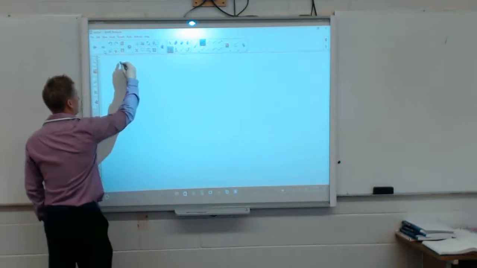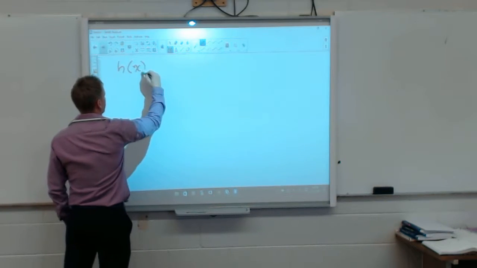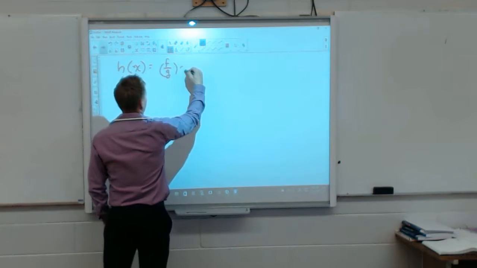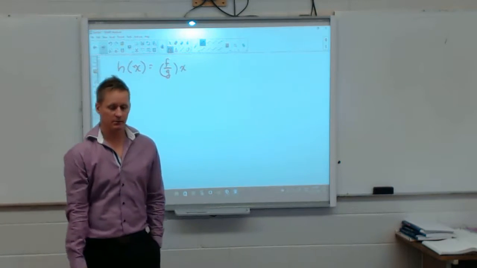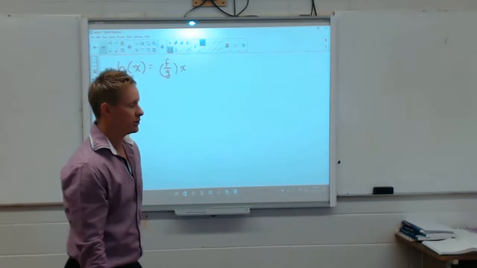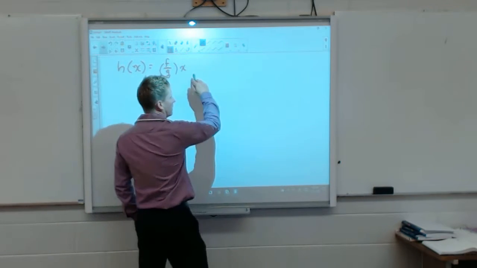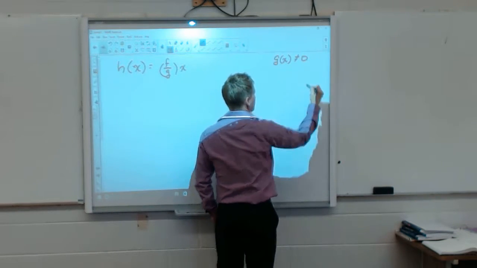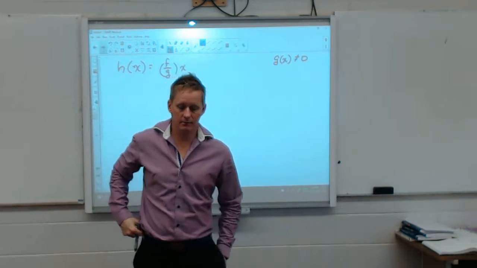So let's look at h of x is equal to f over g of x, which is your quotient. So you can either write f of x over g of x or f over g of x, in which g of x cannot equal 0, right?